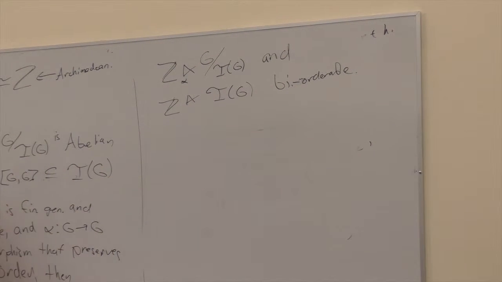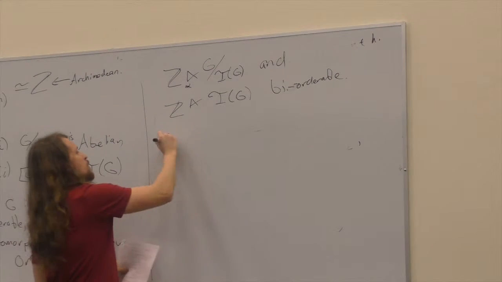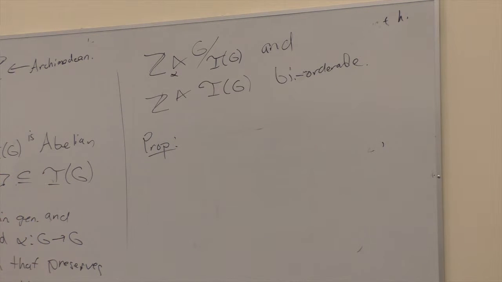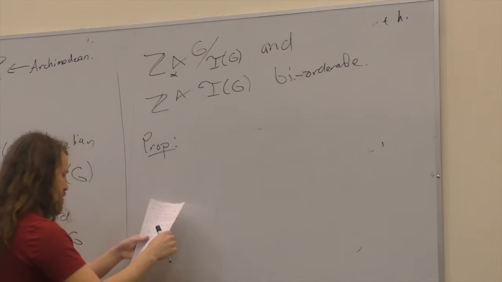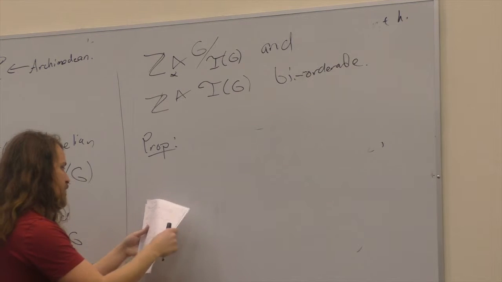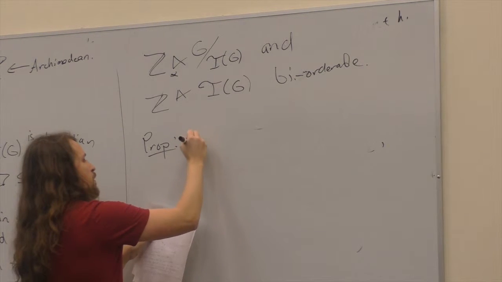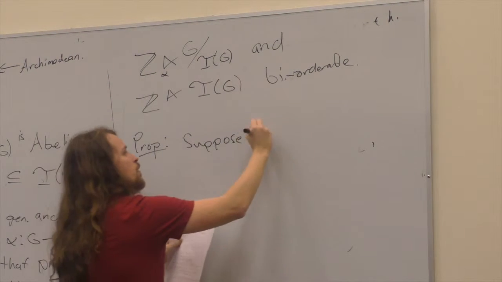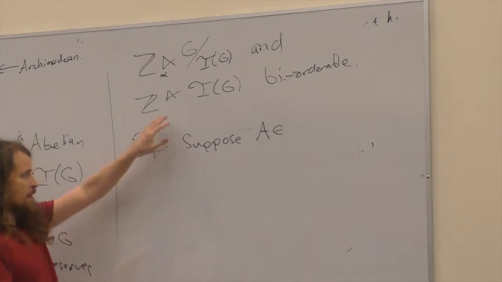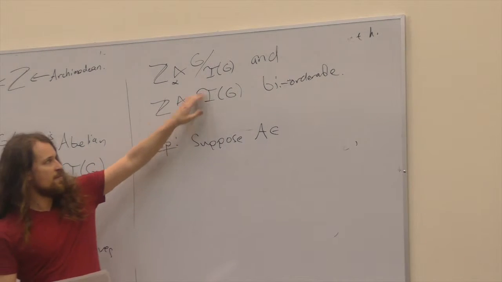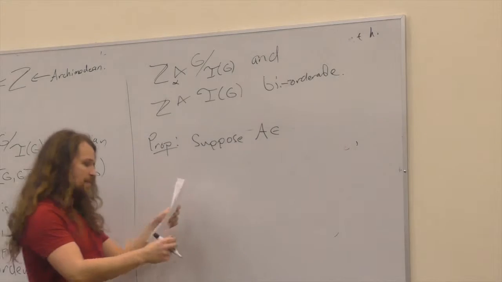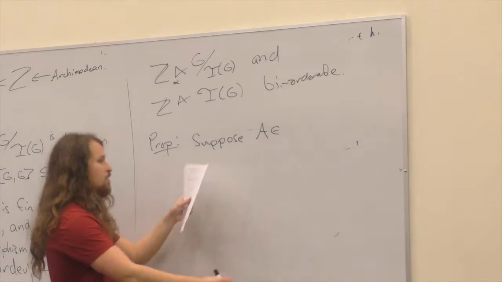Okay, one more. Piggybacking off this statement here, if my group, after modding out, gives Z^n, we have this statement about bi-orderability.